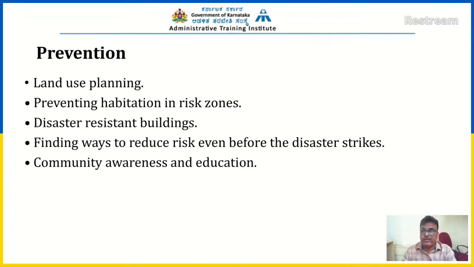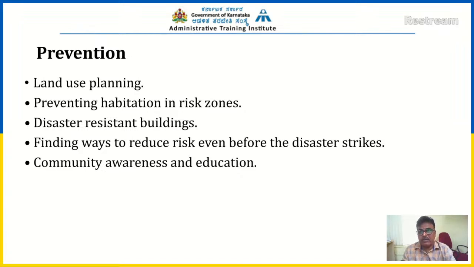Land use planning is an important issue. We should basically avoid floodplains, earthquake vulnerable areas, and landslide prone areas. When you are doing land use planning, avoid construction on the natural water tanks.